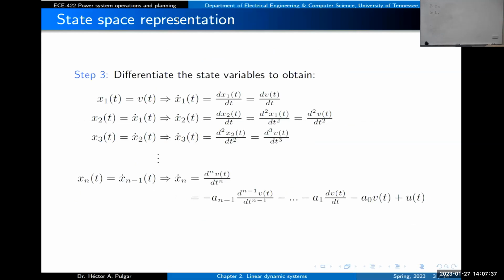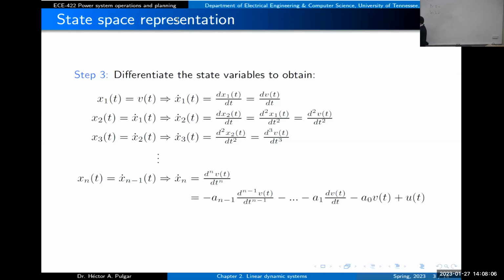So we take the state variables, we differentiate them, and we start finding the relationships. This is going to be equal to x2, this x3, this x4, and so on, until we arrive at the last state variable, and we derive this, but this is nothing else than the first differential equation we obtained.